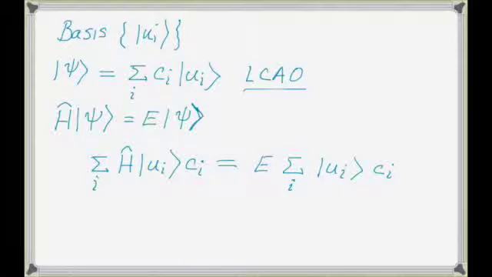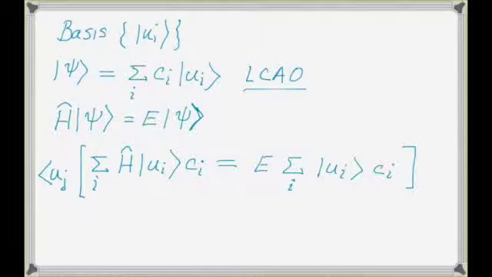And then I'm going to hit this whole thing, just like we did last time, on the left with u_j, which means multiply and integrate. Wherever you see these inner products, it's really an integral in space.